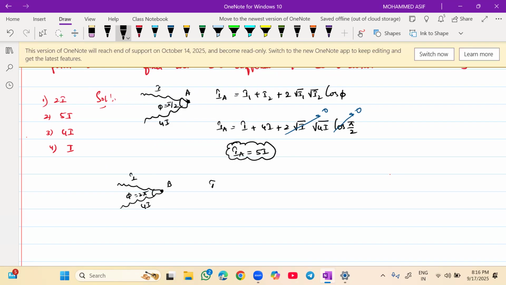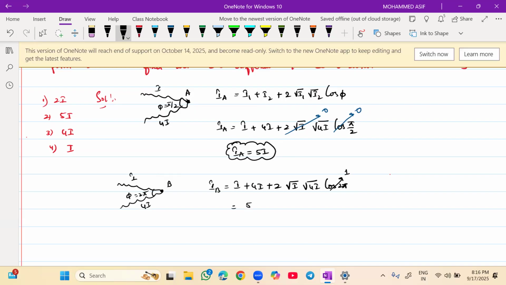So intensity at point B will be equal to I plus 4I plus 2 root of I root of 4I into cos of 2 pi. Cos 2 pi will be equal to how much? 1, that is 360 degrees. So this value will become how much for me?